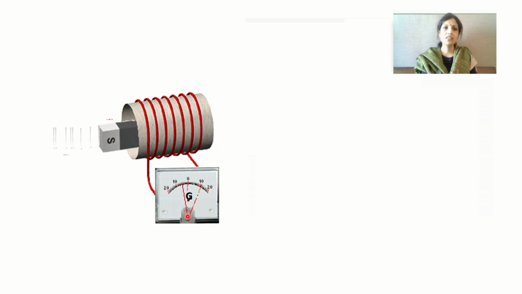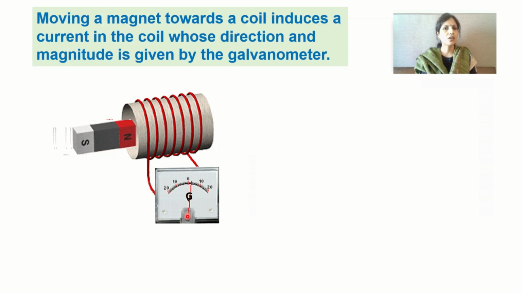So I can say like this: moving a magnet towards a coil induces a current in the coil whose direction and magnitude is given by the galvanometer. Meaning, when the direction of the magnet is reversed, see, once we are taking the magnet inside, that's one direction. Once you are taking it outside, that's the other direction.